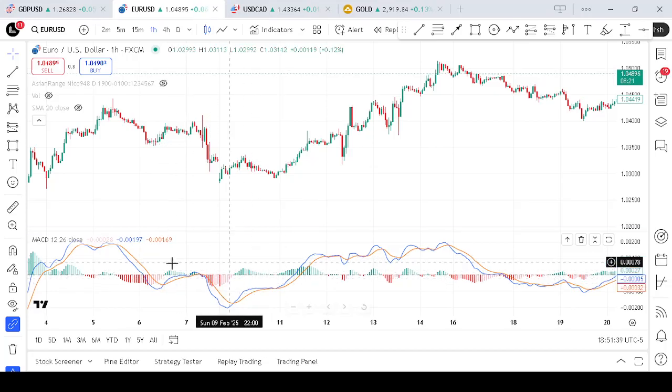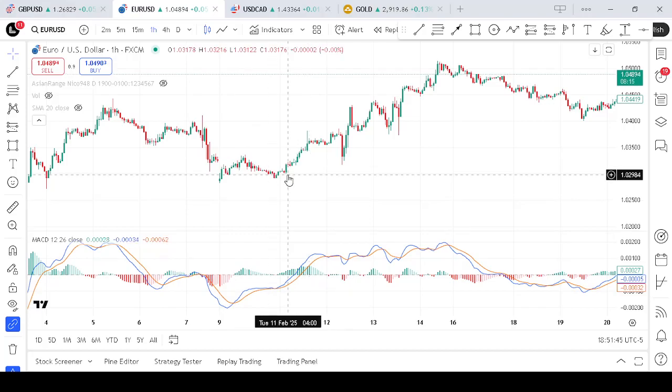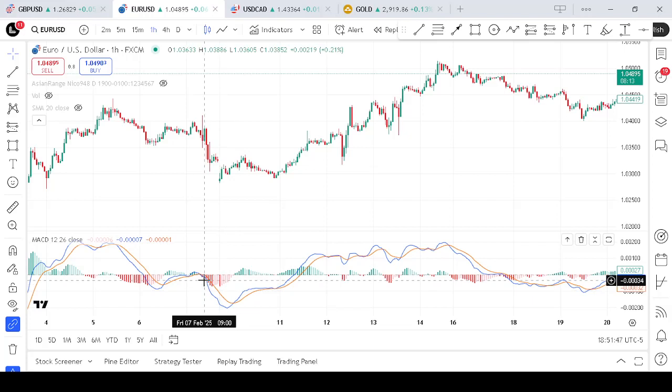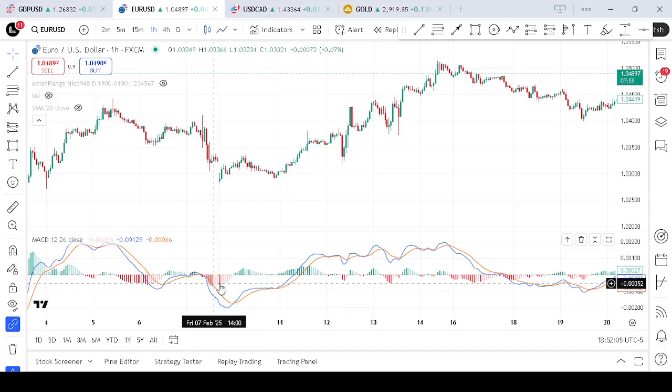So this is the MACD indicator. The MACD line is derived from the difference between the two exponential moving averages, while the signal line is the moving average of the MACD line itself.